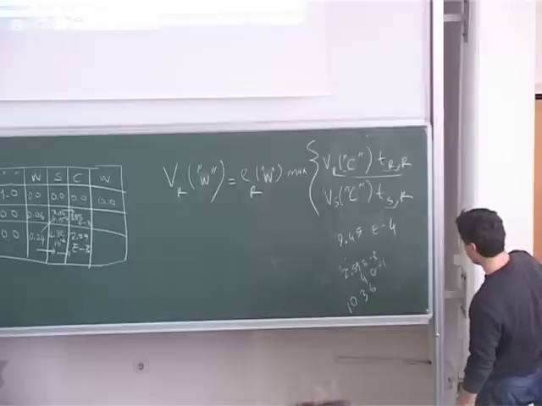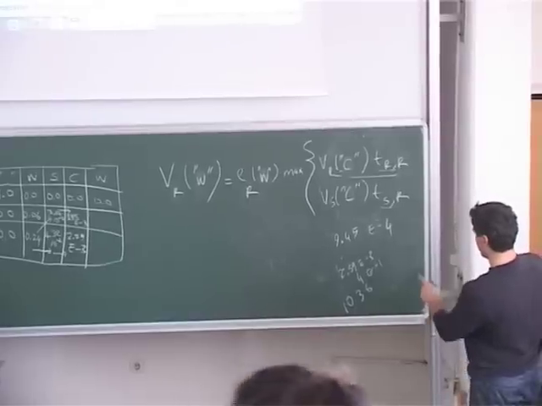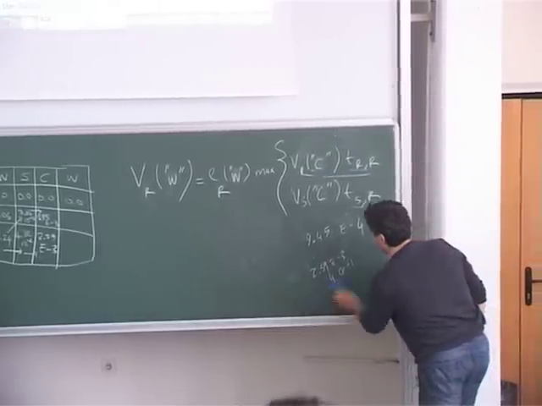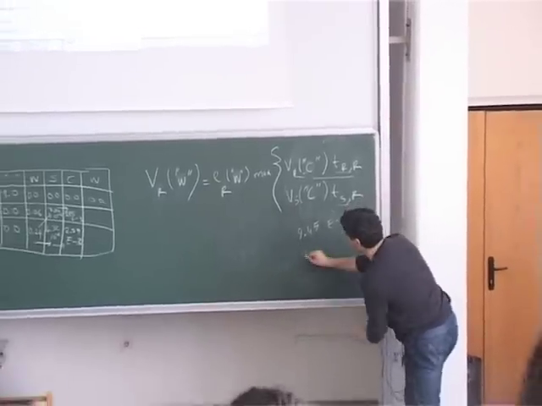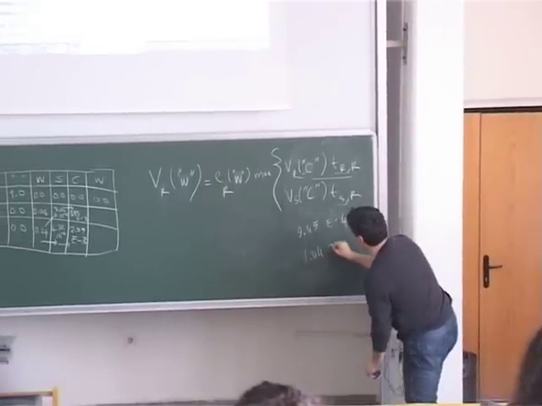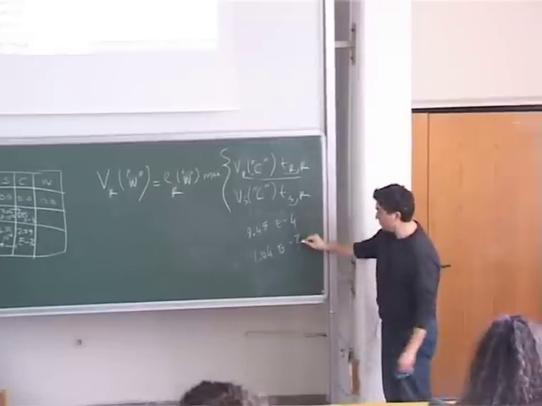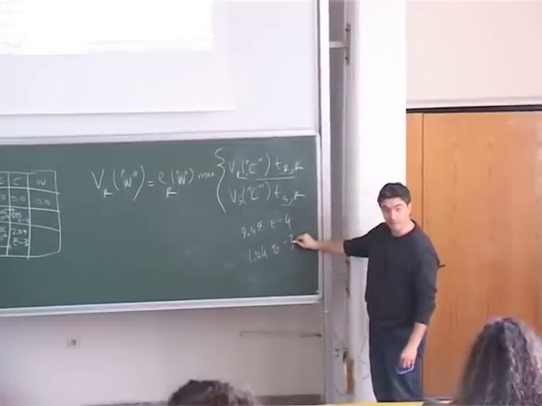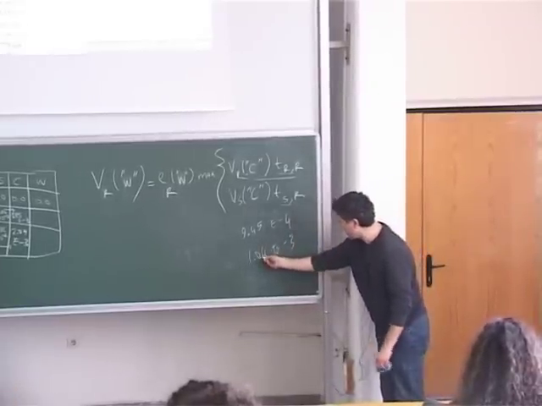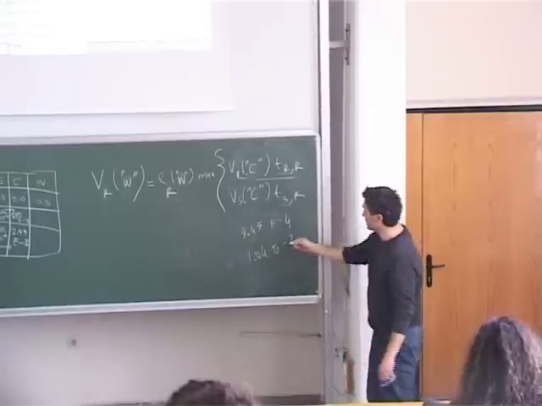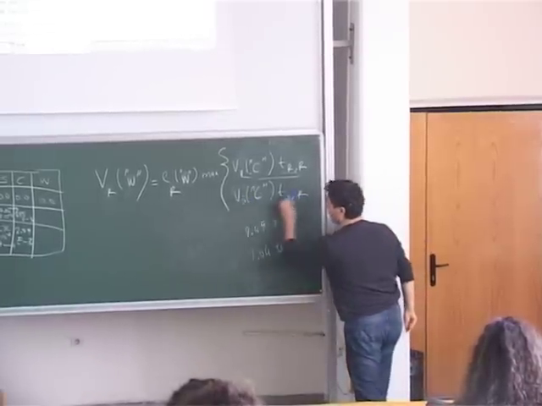It's going to be 1.04 e to the minus 3. Here, if we compare these two, this one is larger. This is like 10.4 e to the minus 4. So this is 10, this is 945. This is larger, so we are choosing this one.